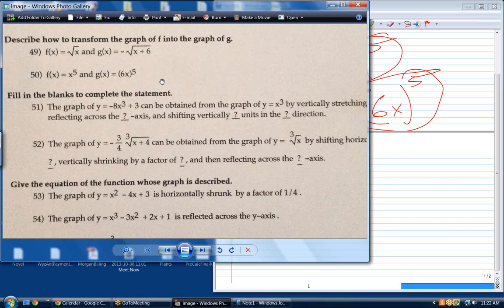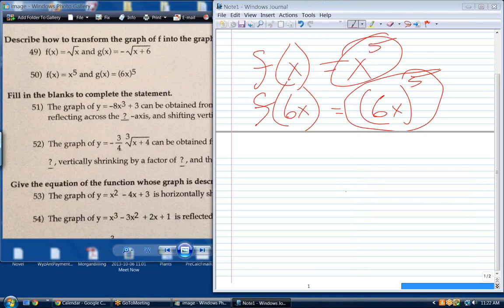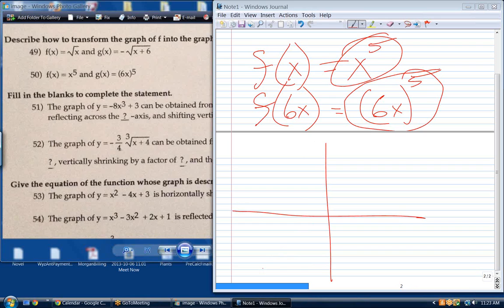I have the answers, and it says a horizontal shrink by a factor of 1/6. Well, okay. When I say a horizontal shrink by a factor of 6, I mean 1/6. In other words, what I took was our x cubed, and when we were plotting x cubed and I shrunk that, it got like this.